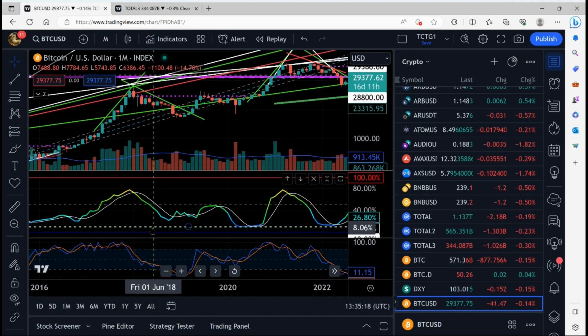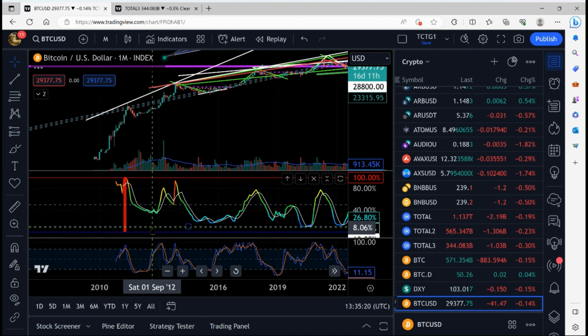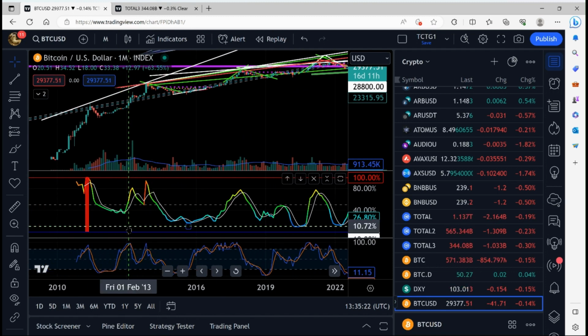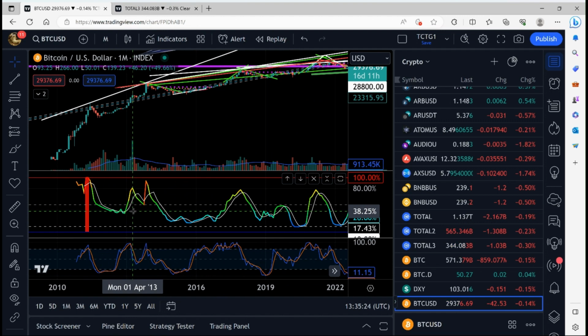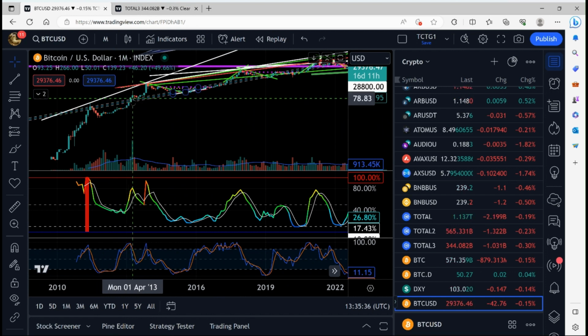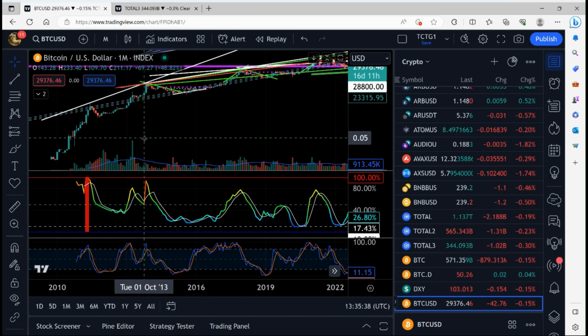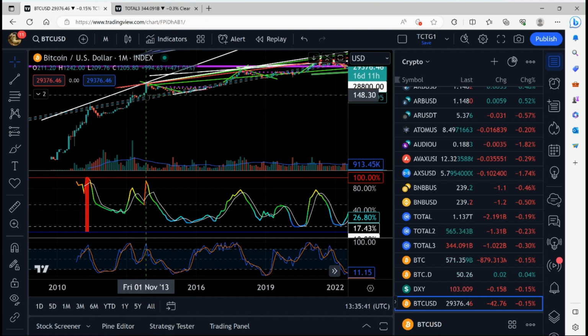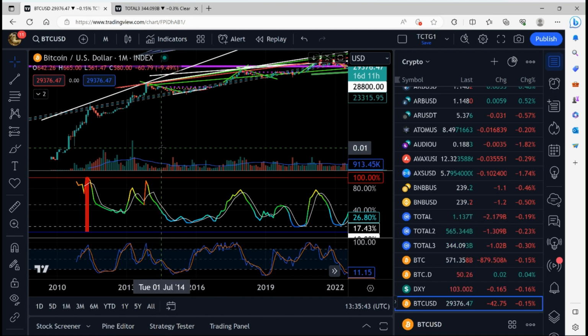But anyway, on the monthly time frame, when Bitcoin has bottomed out on the BBWP indicator, that was the start, if you look up here, of our parabolic runs in Bitcoin. Here at this bottom was the start of a parabolic run.